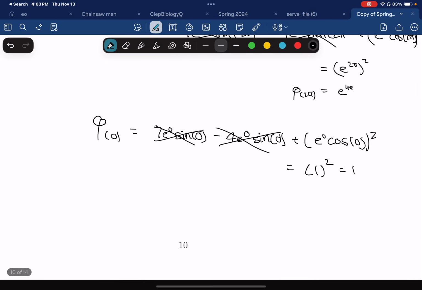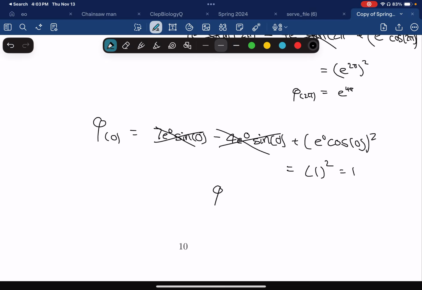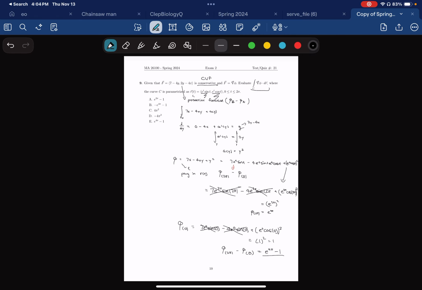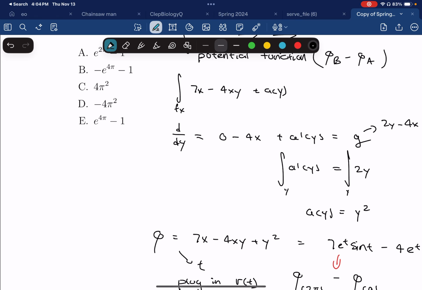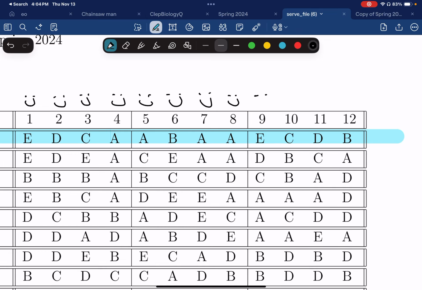So the potential function at 2 pi minus the potential function at 0 is just e to the power of 4 pi minus 1, which is the answer choice E, our correct answer choice for number 9.